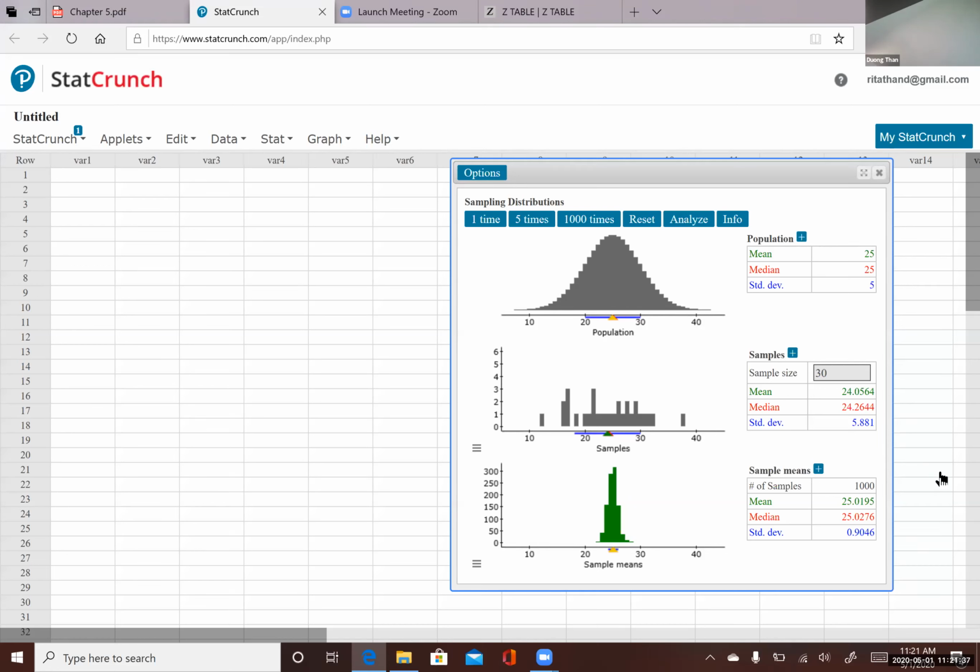And how do the standard deviation of the populations and the standard deviation of the sampling means relate? They are related by a factor of the square root of the sample size.